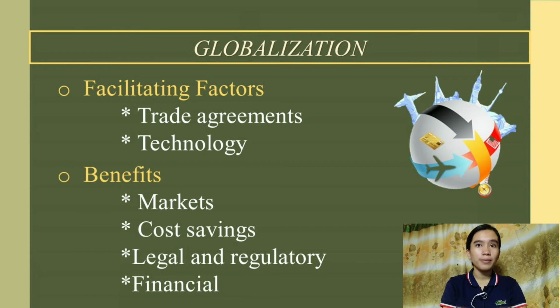This has the benefits of being in the international market where people from different countries can avail of your product. Through agreements and technology, cost and other bills are eliminated. Legal and regulatory policies are specifically identified and the financial aspect is secured.